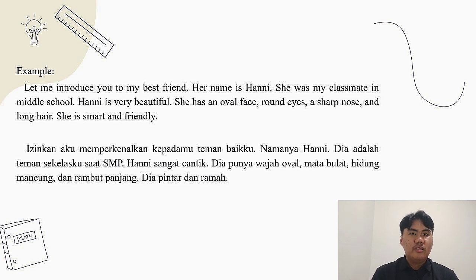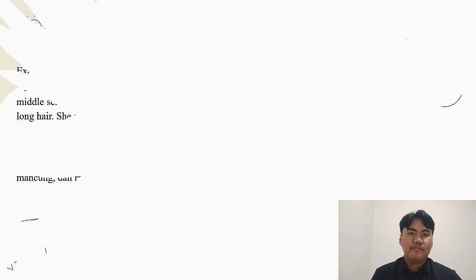Then the description part is found in the fourth to sixth sentence. The writer describes Hani's beautiful appearance. She has an oval face, round eyes, a sharp nose, and long hair. In addition, it also describes Hani's friendly and smart personality.